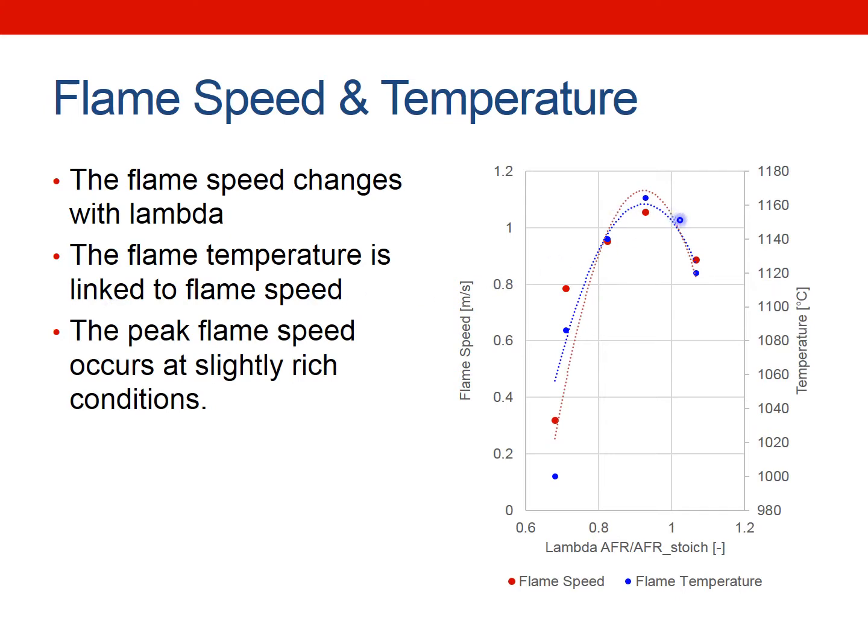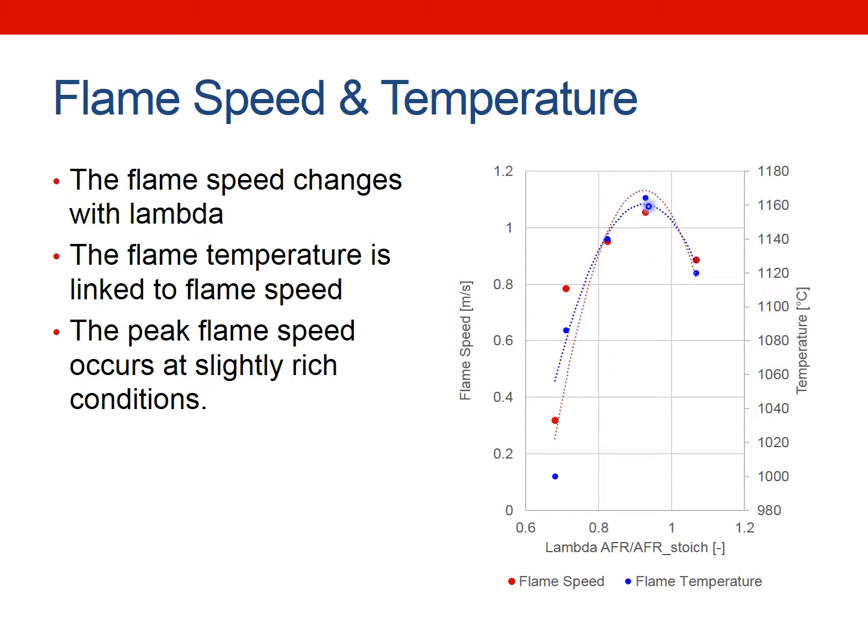And you also notice that the peak flame speed and temperature occurs at a slightly rich condition. I think this is because you need just that little extra fuel. As you increase the amount of fuel, so you're going rich, you're increasing the amount of heat in the system because you put more fuel in, so there's more energy there.